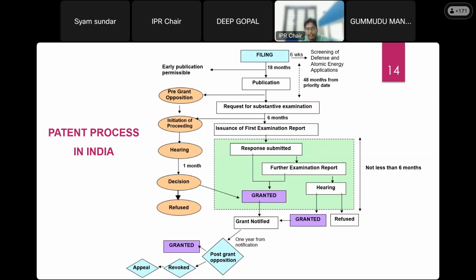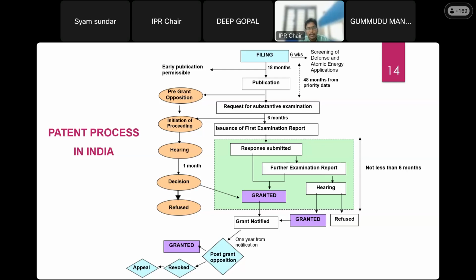So they made it mandatory that if you want to file an application overseas without filing in India, take permission within 21 days. You will get the permission. They will say whether you can proceed or not, or you can file in India, wait for 6 weeks, and then go abroad.